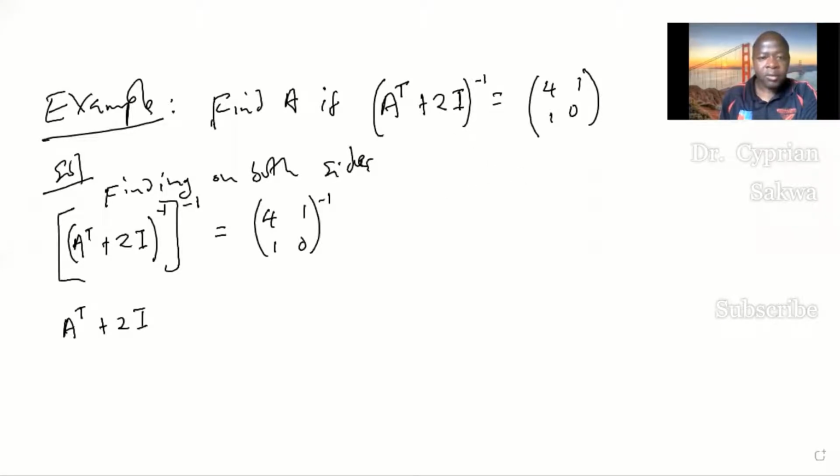So what we need to do is find the inverse on the right side. First of all, we must get the determinant of 4, 1, 1, 0. The determinant of this is 0 minus 1, which is negative 1.